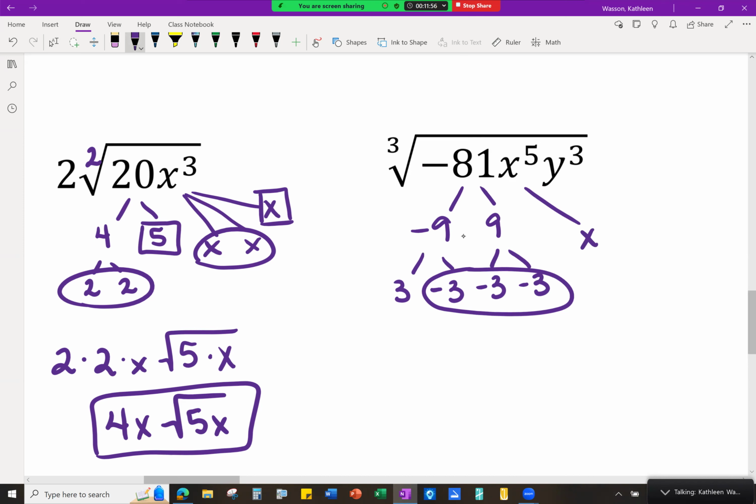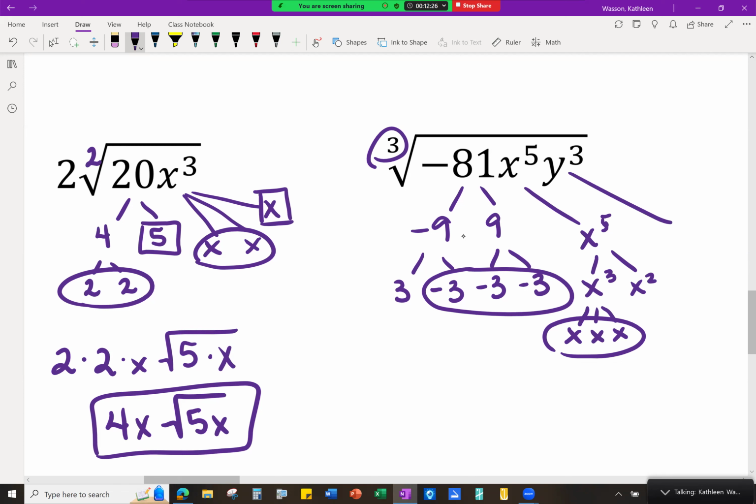X to the 5th is x to the 3rd times x squared. With exponents, you add the exponents together. X to the 3rd is 3 x's multiplied together. X squared is 2 x's multiplied together. My index is 3. So here I can reduce the x from the radical.